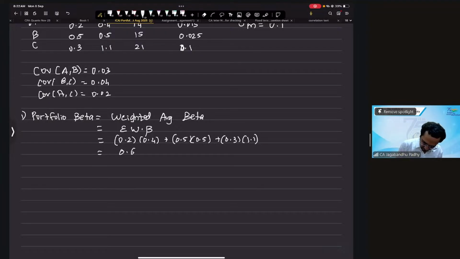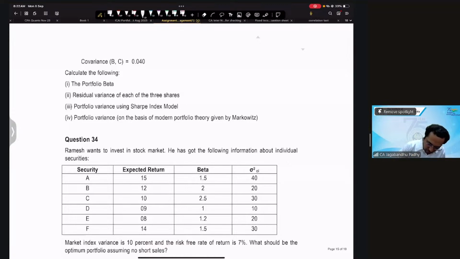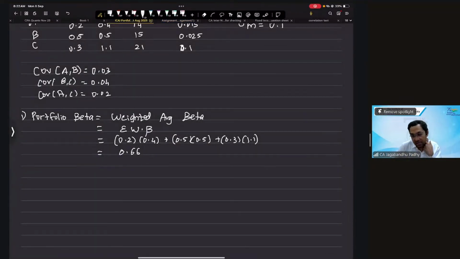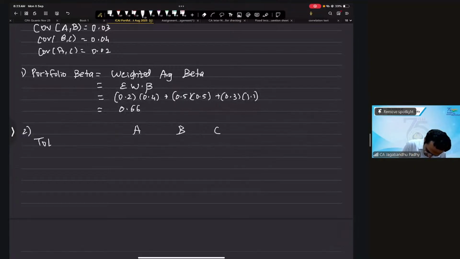Then the next thing that we are supposed to calculate is the residual variance of each of the three shares. The residual variance is basically the unsystematic risk. Now, for residual variance, we have the three securities A, B, and C. We'll talk of total risk.